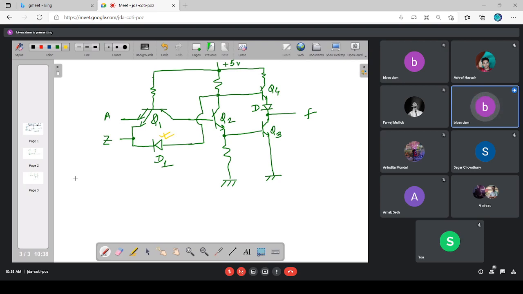In case Z is 1, tell me how F is related to A? When Z is 1, how will F be related to A? A bar.